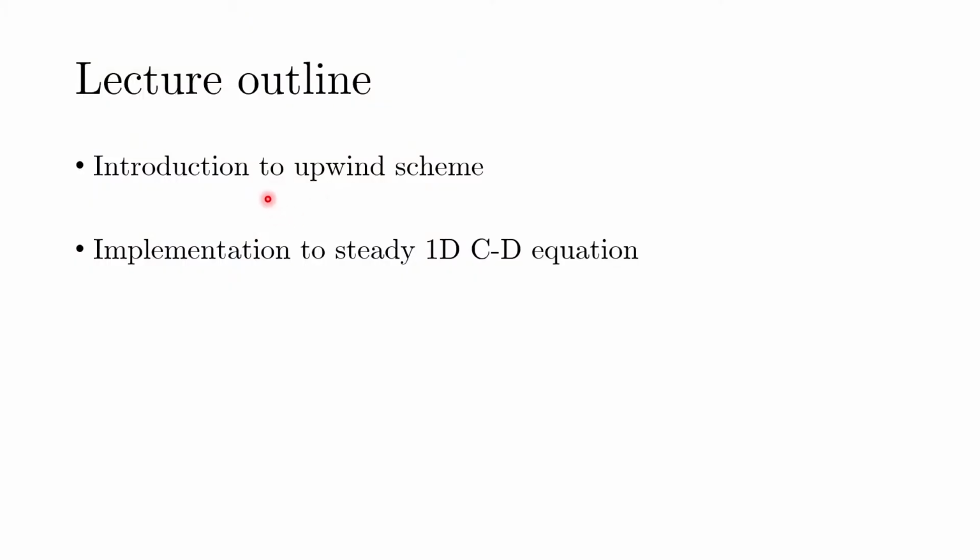Physically, that meant that when the convection was relatively larger than the diffusion, or more dominant than the diffusion process, then the central differencing was struggling. So to overcome that, we would introduce the upwind scheme in the lecture today, and we would also see how we can implement the same scheme in the steady 1D convection diffusion scenario. So without wasting any further time, let's get started.